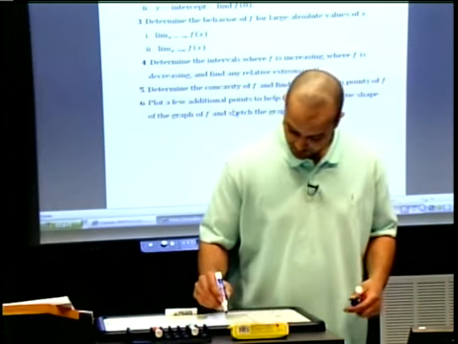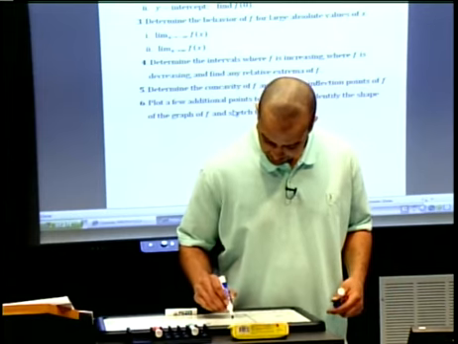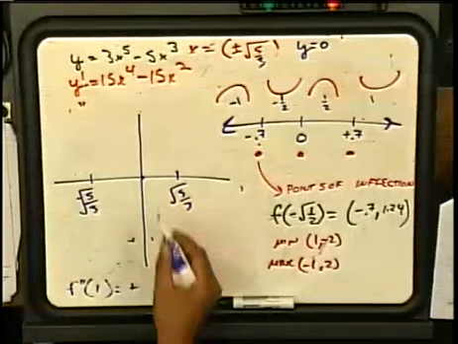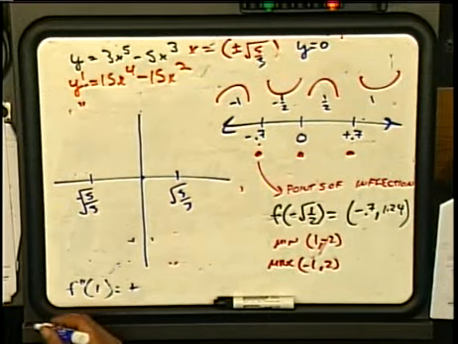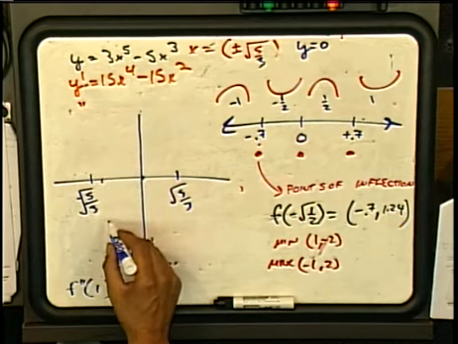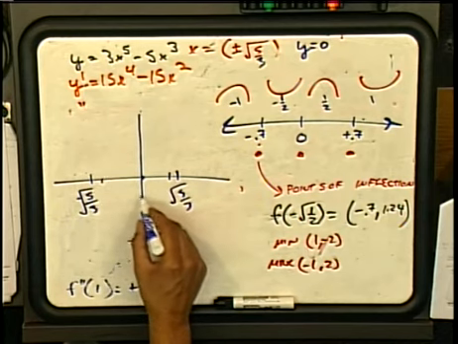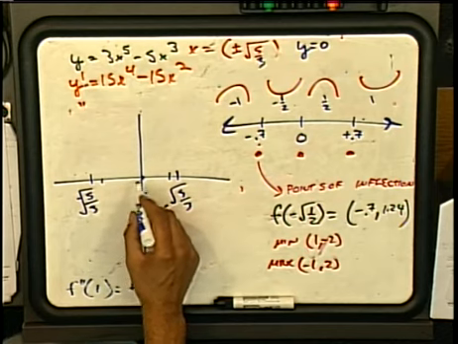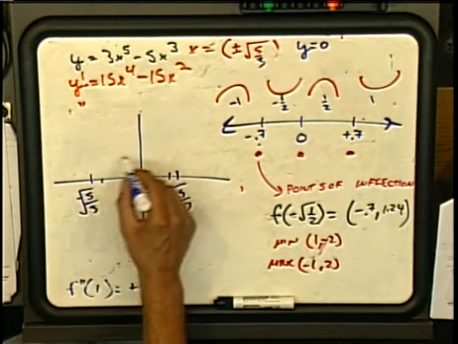So you got negative 5/3, 5/3. It crosses the y. You got one should be negative 2 right there. One negative, that right here. And this one is negative 1.